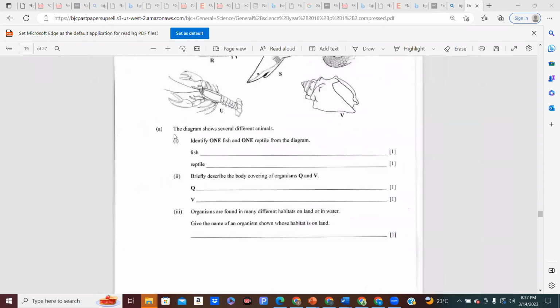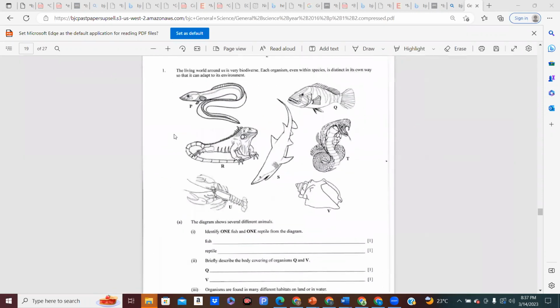Good. So give us a fish on the diagram. One fish would be the Nassau grouper, and a reptile would be R. How about the shark? Isn't a shark a fish? Yes, sir. So Nassau grouper or a shark could work.